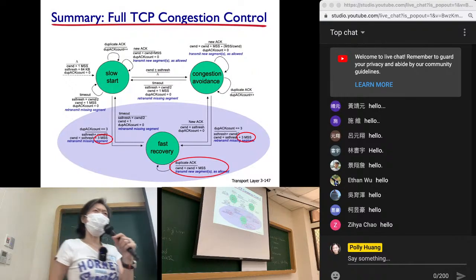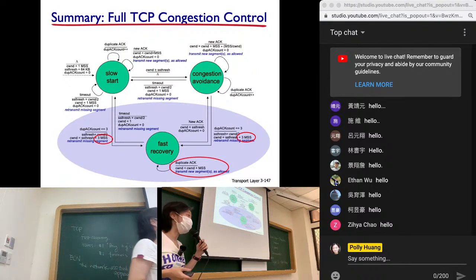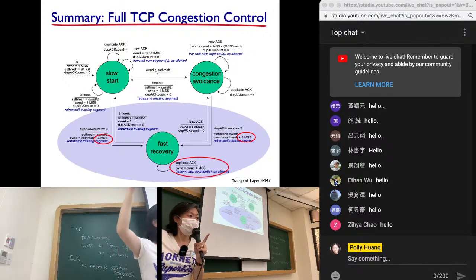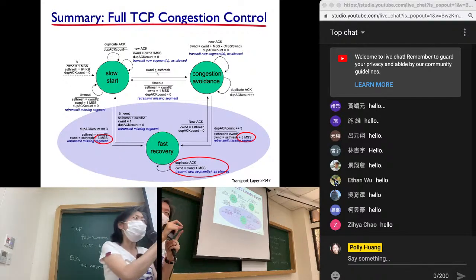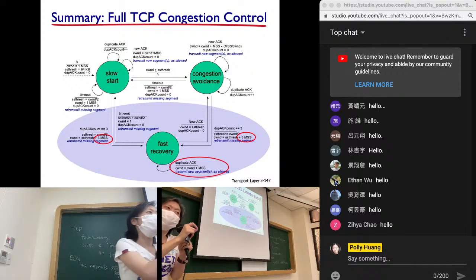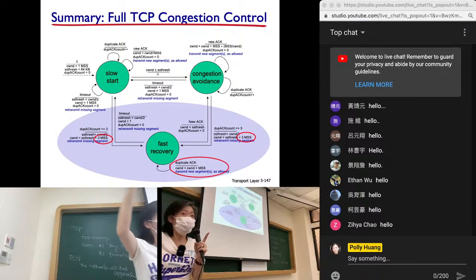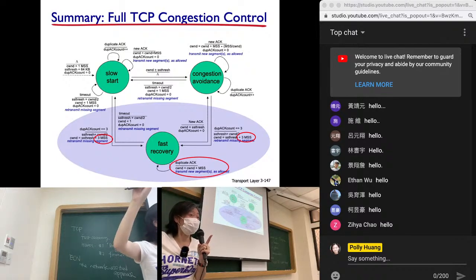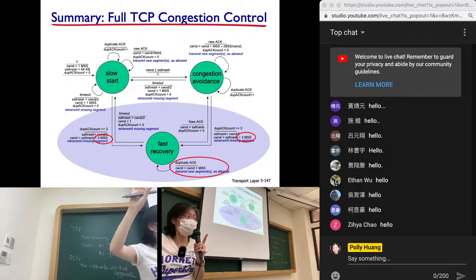Can this really be happening? It's actually possible when the original window size is already large, okay? And right at the beginning of the window, there's just one packet being delayed longer, then you could be receiving quite a few duplicate ACKs, not just 3, maybe 4, 5, 6.